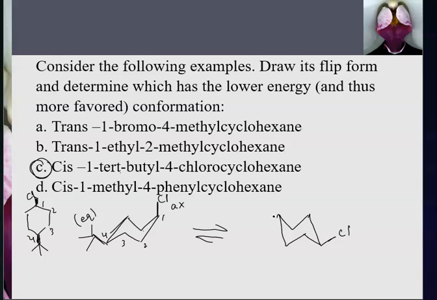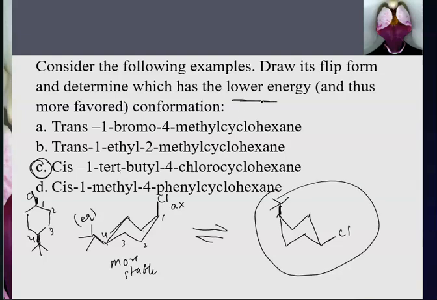The carbon containing the t-butyl group is over here, and that will become axial. Okay, so now which one would be more stable? This is more stable because here the bigger group, which is my t-butyl group, is in the equatorial position, and that is more preferred than having the t-butyl group in the axial position.